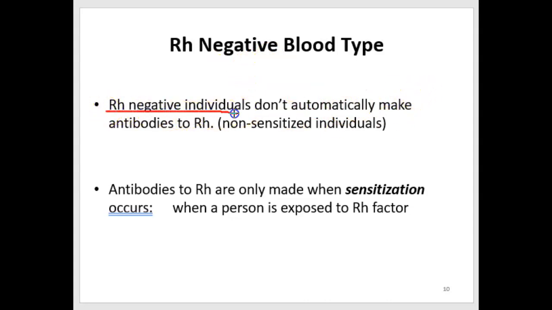Rh negative people don't automatically make antibodies specific for Rh unless they've been exposed to Rh. And most people haven't been exposed, so we call these individuals non-sensitized. I don't know why we don't just say not exposed, but they've never been exposed to the Rh factor, and so they don't make the antibodies yet.